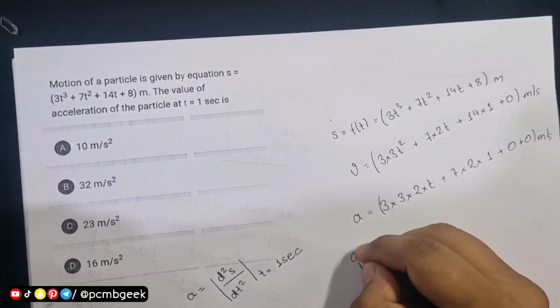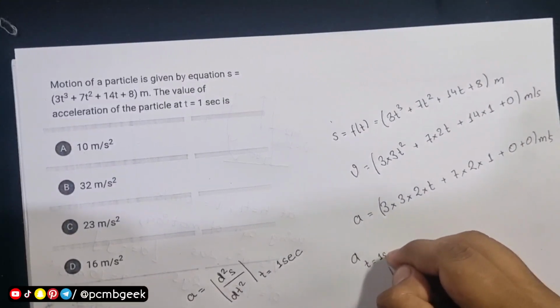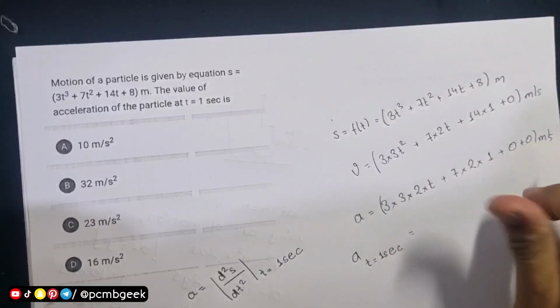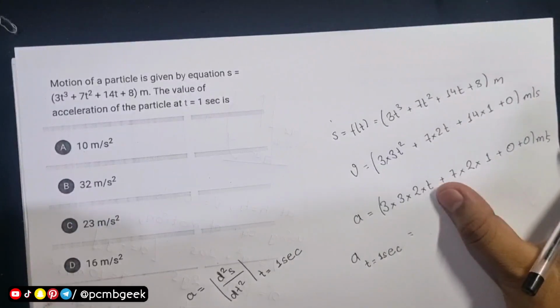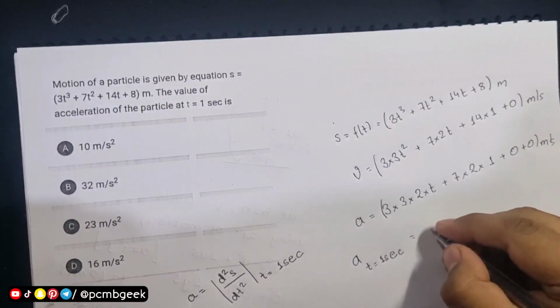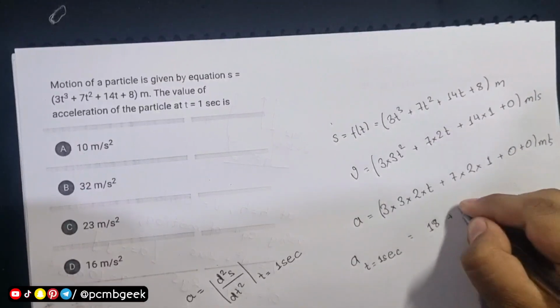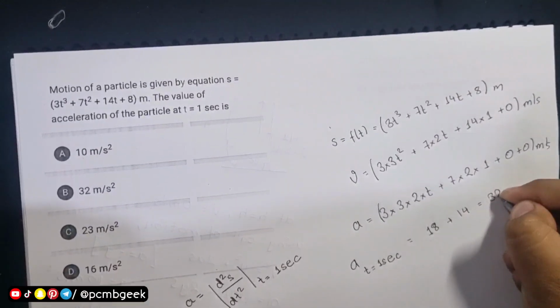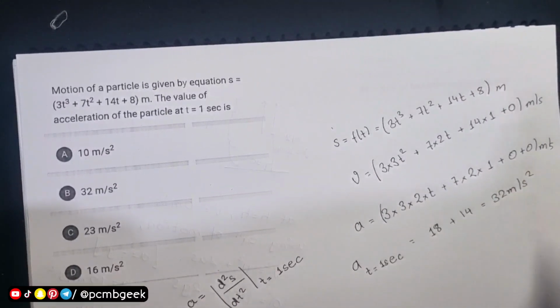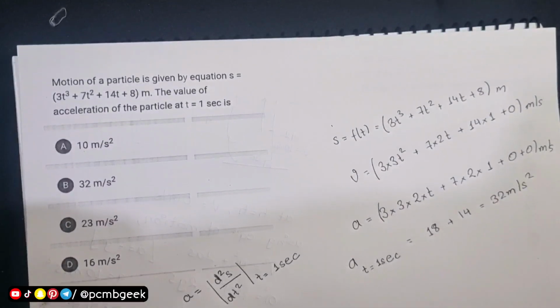Now acceleration at time t equals 1 second, if we just substitute the value of t as 1 here, equals 18 plus 14, that equals 32 meter per second square. And our right option is option number B.